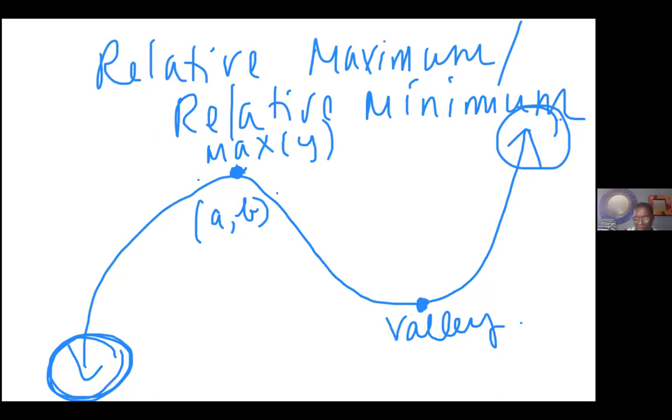And then in regards to the points around the relative min, this right here would represent the relative min because this is not the absolute lowest point on this particular graph.